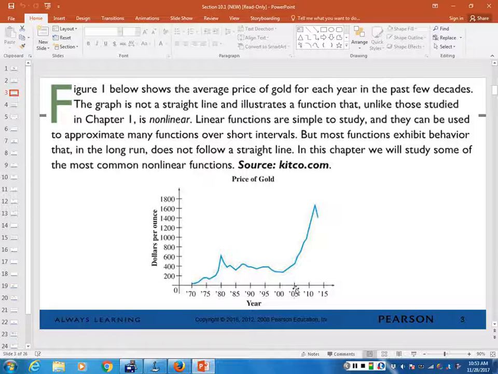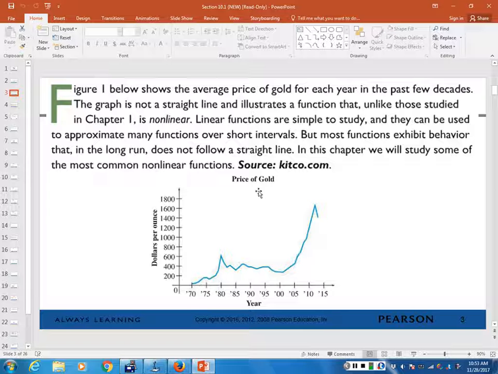For example, from 2005 to about 2012, that part of the function is a relatively constant rate of change, so you might approximate that piece of it with a linear function, but the rest of it, you can see it rises and falls and rises and falls, and it constantly changes directions. So that's what we call a nonlinear function.